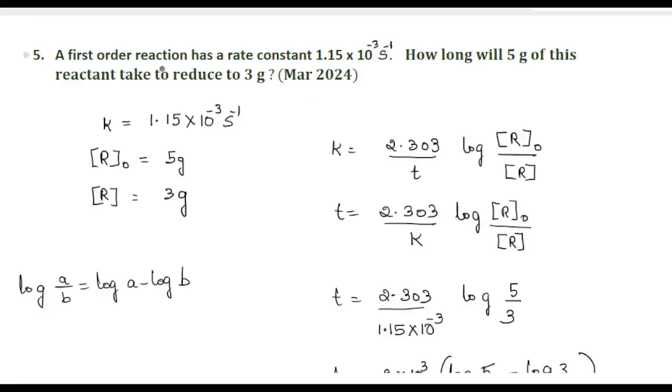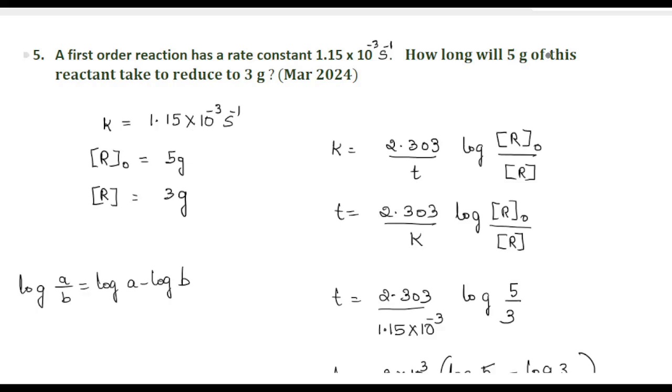Question number 5. A first order reaction has a rate constant 1.15 into 10 to the power of minus 3 per second. How long will 5 gram of this reactant take to reduce to 3 gram? This has appeared in last year's question paper. So what is given? Rate constant K is 1.15 into 10 to the power of minus 3 per second.